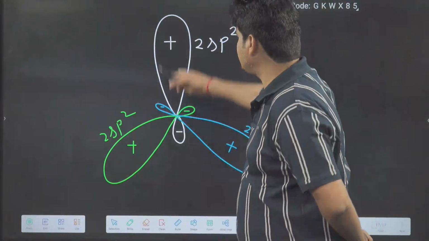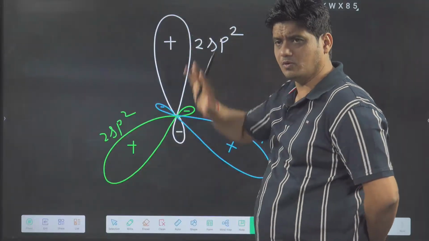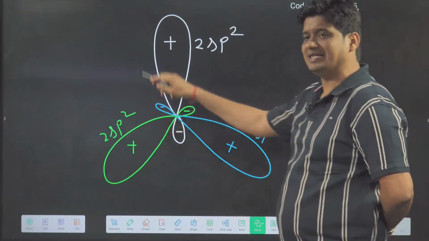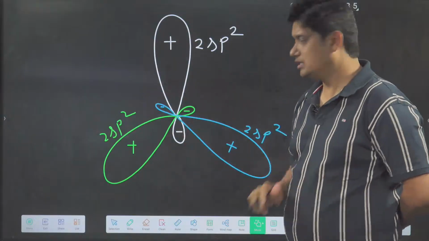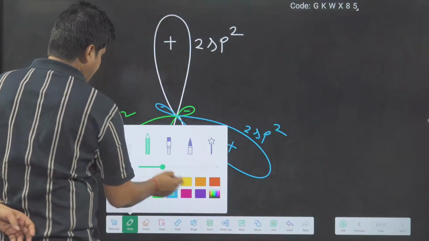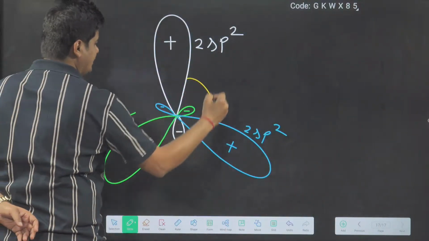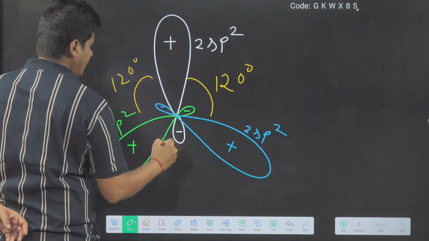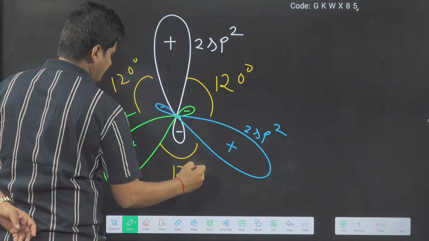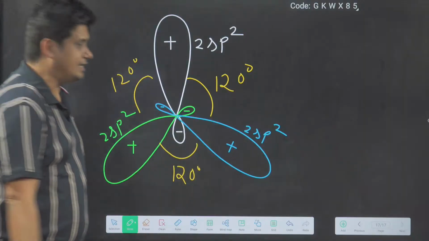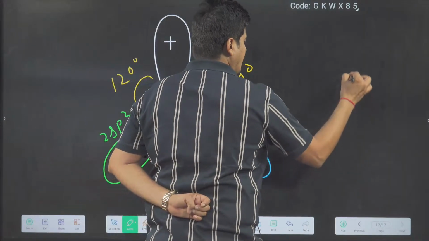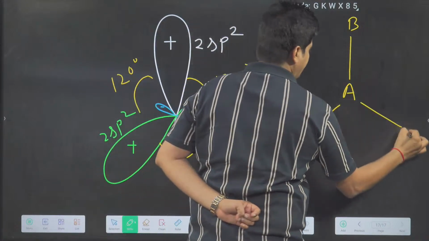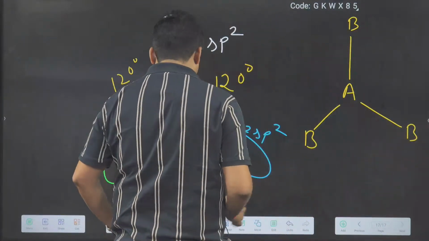For now I am not writing the surrounding atoms, that also will come. Big lobes are plus, small lobes are minus. And here this angle is 120, this angle is also 120, and this angle is 120 degree. So let's say we have some central atom A and surrounding atoms B placed at 120 degree like this.